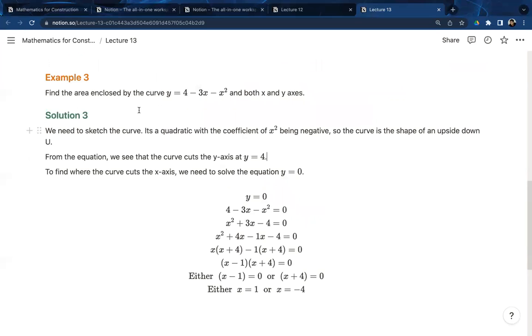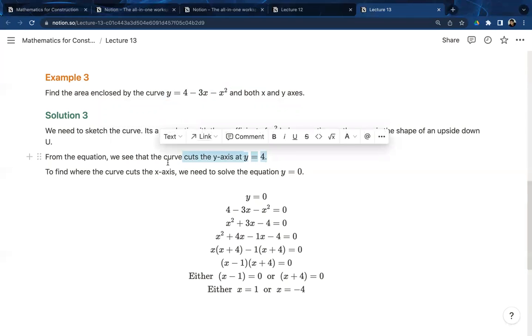Because that's the constant term. The constant term in a quadratic is the point where it cuts the y-axis, as your y-intercept. So y equals ax squared plus bx plus c. The constant term is the c where it cuts the y-axis. So it cuts the y-axis at 4. 4 is the constant in the expression. But it's not so important. That's just, by the way.